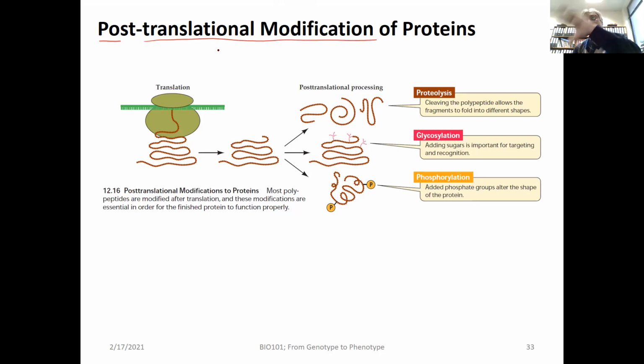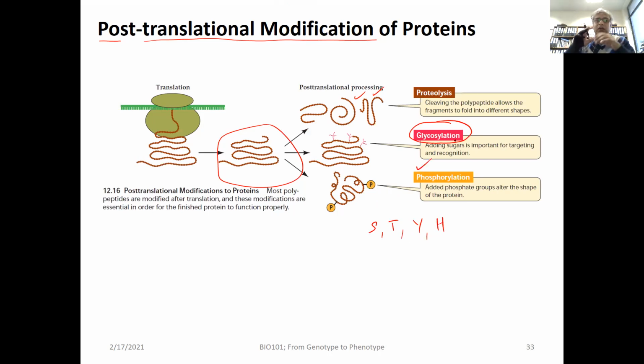After translation, there are proteins which can cleave this protein into 3 different parts or 2 different parts, and each of the cleaved parts could be an independently acting protein. Or amino acids within these proteins may carry some sugar molecules. We call this modification glycosylation. Or let's say serine, threonine, tyrosine, or histidine may get phosphorylation.